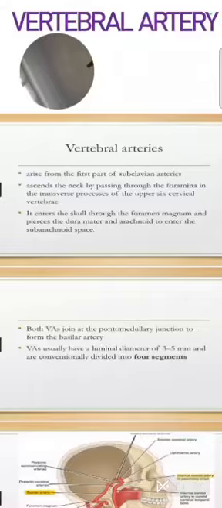So the vertebral artery enters into the subarachnoid space through the foramen magnum, by piercing the dura mater and arachnoid mater. Now both the vertebral arteries join together at the pontomedullary junction, that is the junction between the pons and the medulla, and together they form the basilar artery.